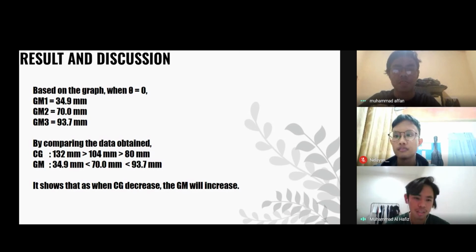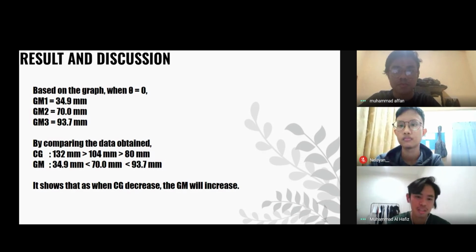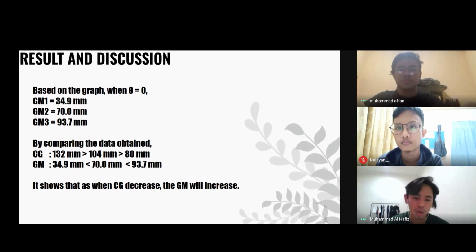We can see that when CG is 100 millimeter, the GM is 34.9 millimeter. In test 2, when the CG is 104 millimeter, the GM is 70 millimeter. And for test 3, when CG is 80 millimeter, the GM will be 93.7 millimeter.